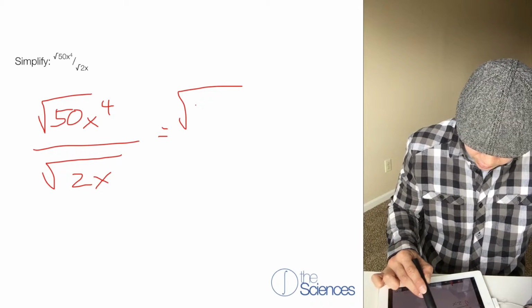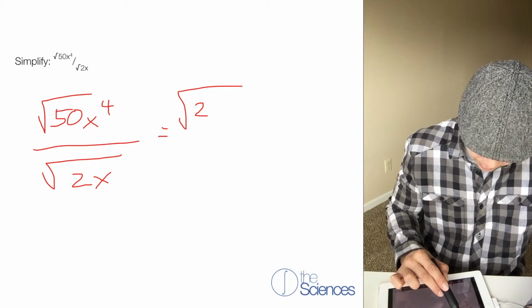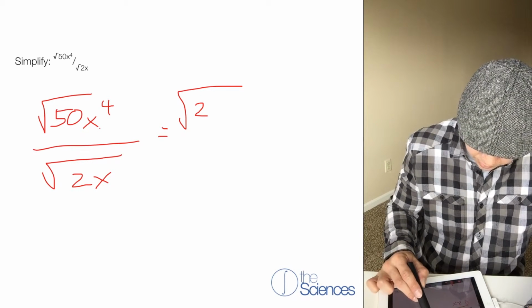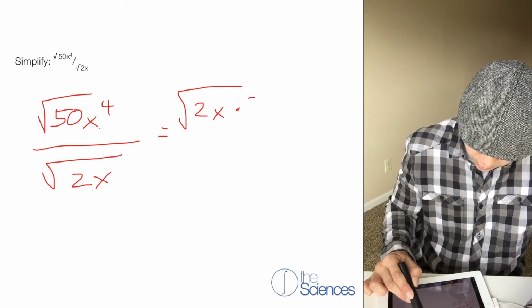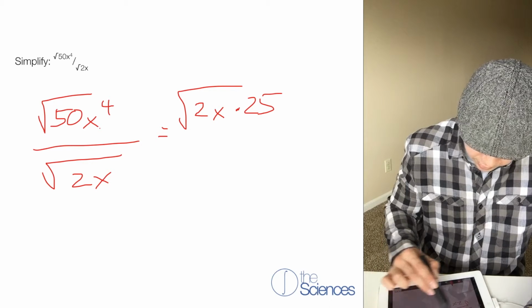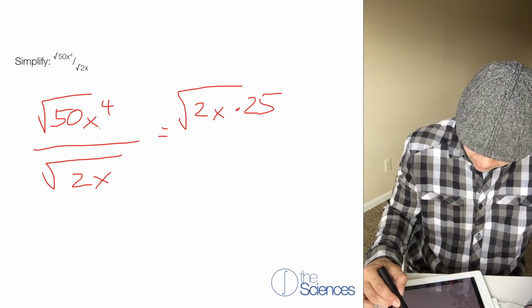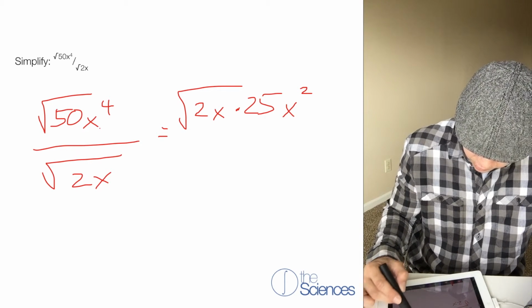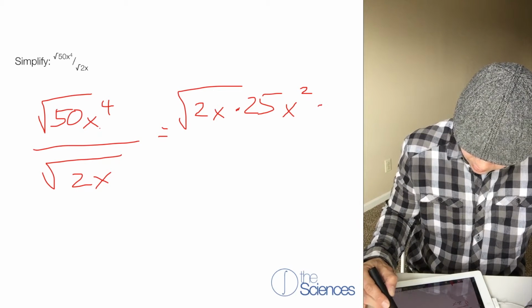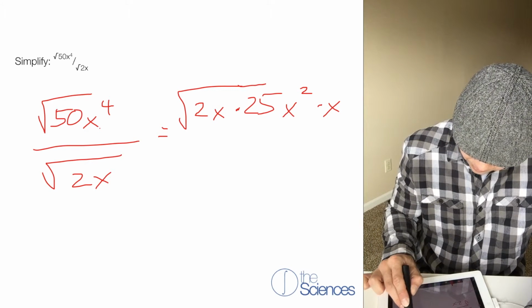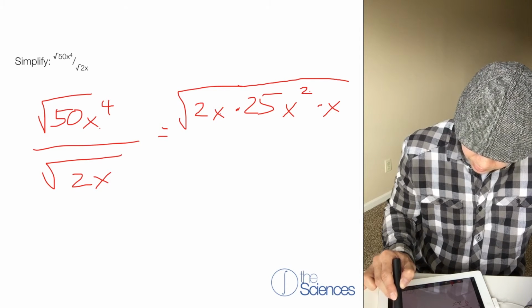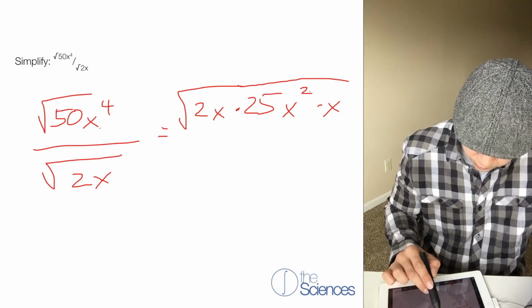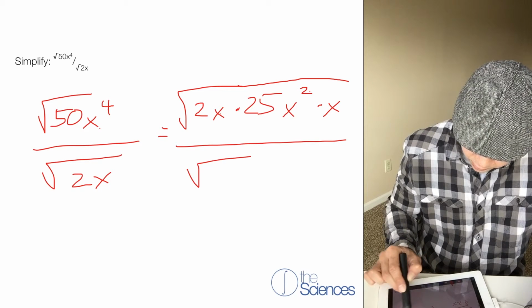We could break it down into 25 times 2, because 25 times 2 is 50. And then here we have x to the 4th, we can break that down to x squared times x. So now if we add them up, x squared plus x squared, we get x to the 4th. All over 2x.